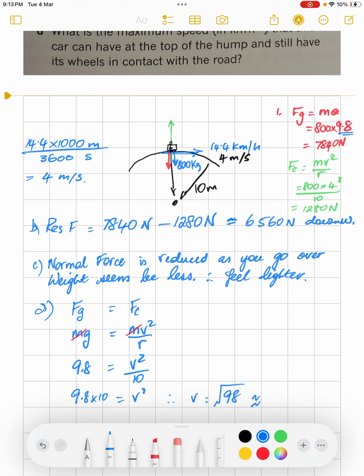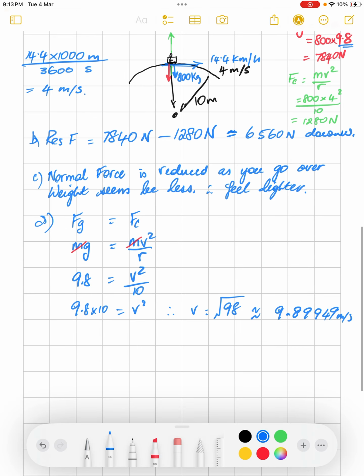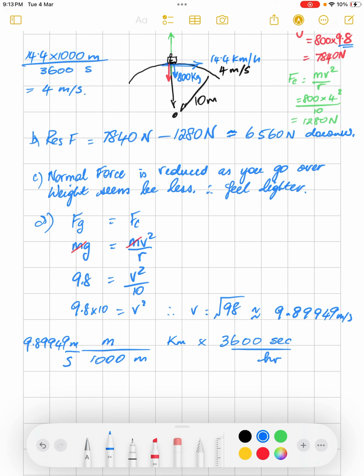We get about 9.89949 meters per second, and they want that in kilometers per hour. So if you want to change meters per second, you divide by 1,000 meters per kilometer, and you multiply by 3,600 seconds per hour, and we start with 9.89949 meters per second, and then our seconds will cancel.